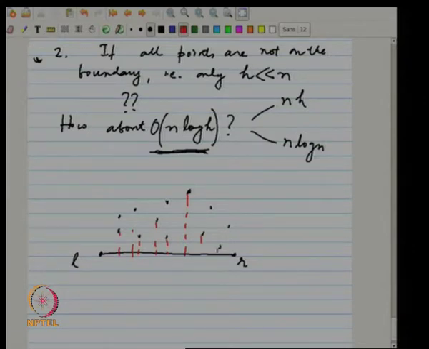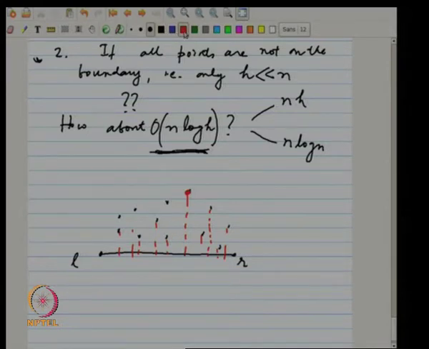You can find the distance of a point from this line using some formula of analytical geometry. And suppose this is the furthest point in this case. Then this point will necessarily be on the convex hull. That is known, nothing new.